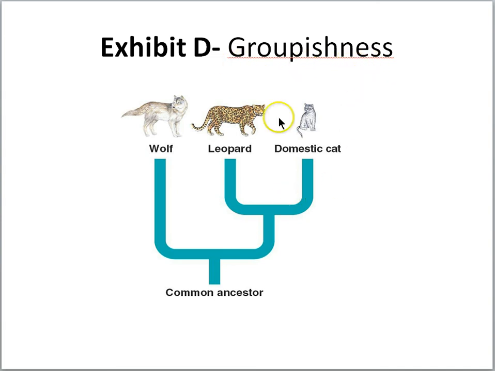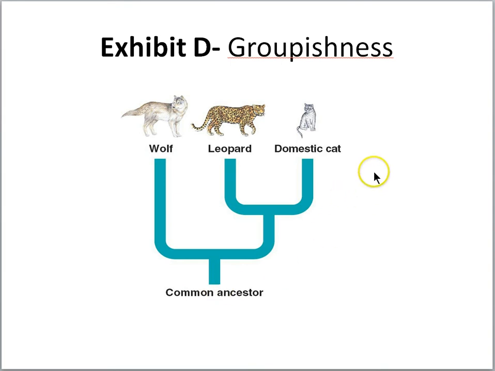We've already seen how an evolutionary tree captures the relationships between current species and common ancestors. And we said that Darwin's going to say that the leopard and the cat share lots of characteristics because they had a recent common ancestor. There hasn't been much time for change. Whereas the leopard and cat show fewer similarities with the wolf because they had a more distant common ancestor. So there's more time for change.